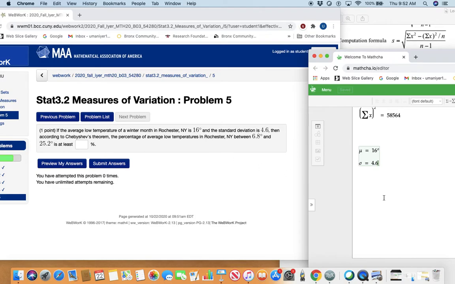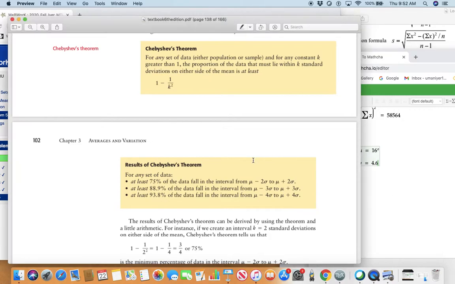Then according to Chebyshev, let's look for Chebyshev. Chebyshev's theorem says, given any data, for any constant k, the proportion of the data that must lie within k standard deviations on either side of the mean is at least 1 minus 1 over k squared. Whether or not you understand this, this is easier to follow.